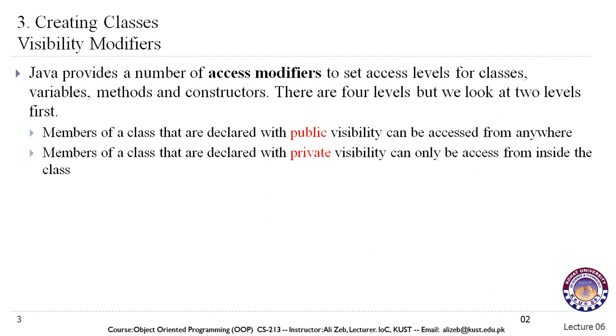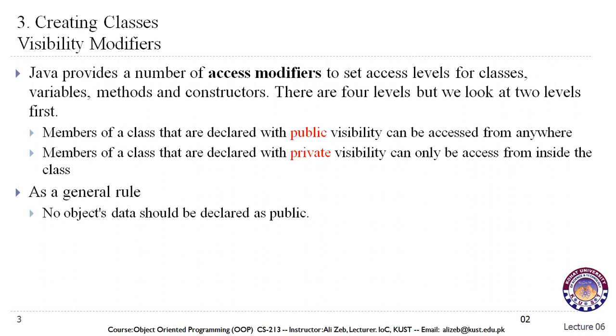We'll look at an example of how these access modifiers change the accessibility of our instance variables and our methods in the class.